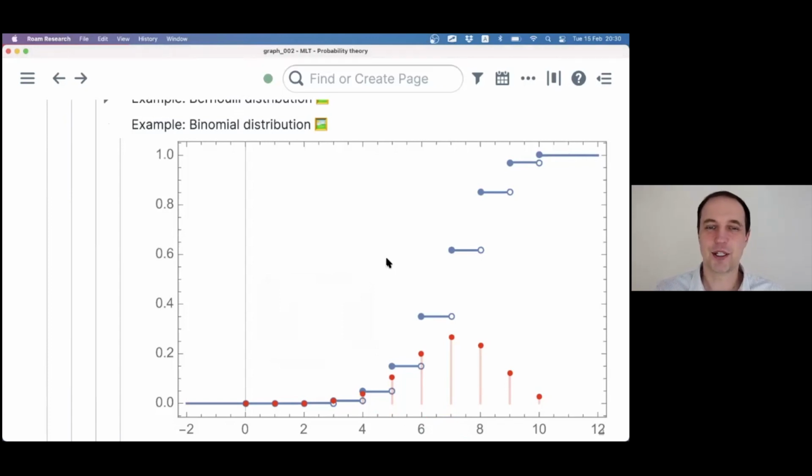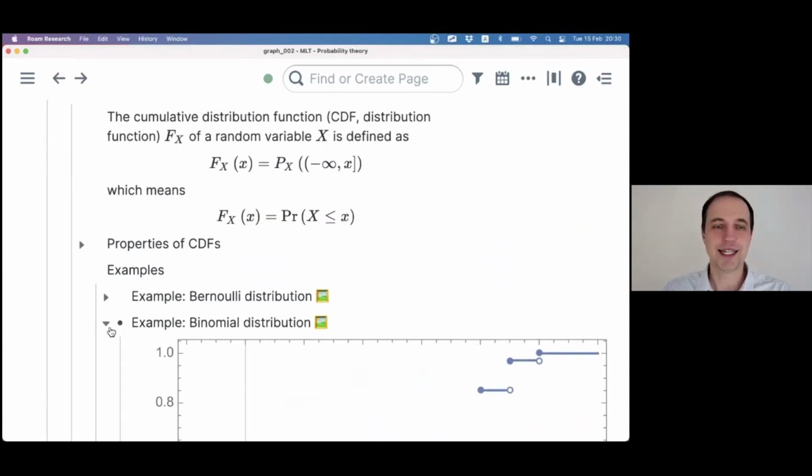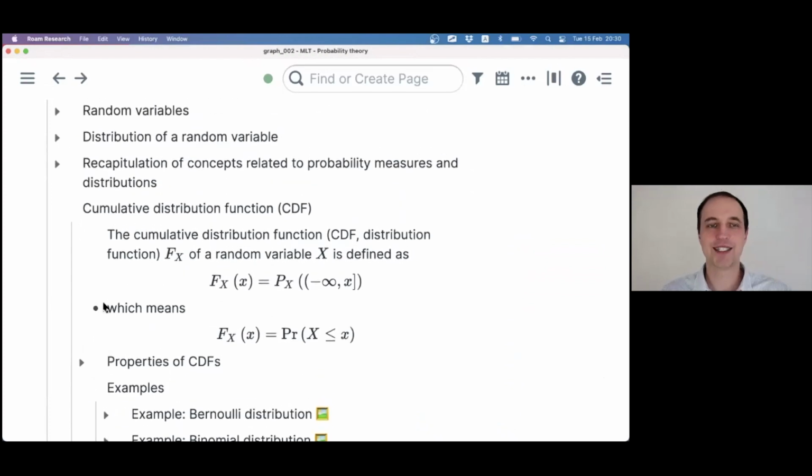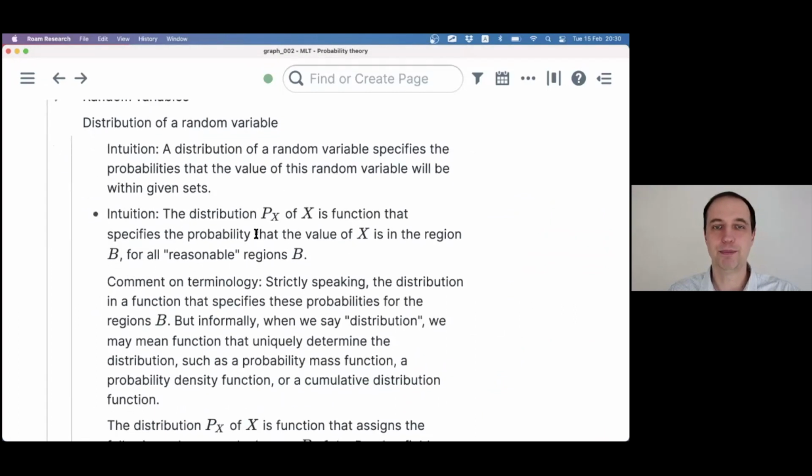So a question, just a small confusion. Whenever we talk about distribution, are we talking about CDF or are there distributions that are not CDF? Okay, it's a good question. It's kind of terminologically difficult because technically, if we strictly define the terms, by distribution we mean this concept here, so the P of x.